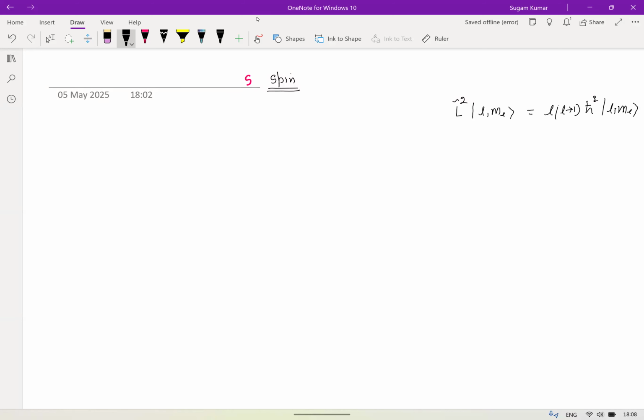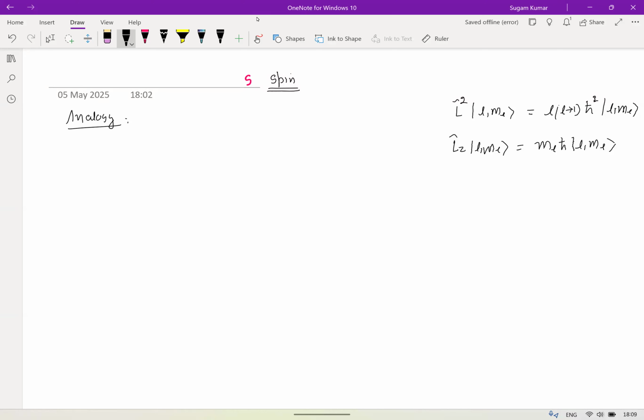Similarly, if Lz operates on the m_l, it gives us m_l ħ m_l. So this analogy is taken for the spin also.